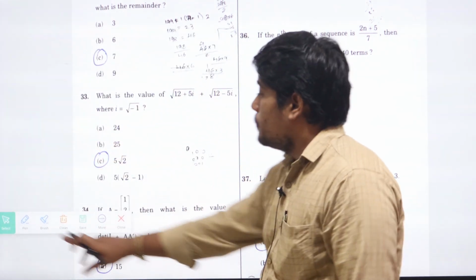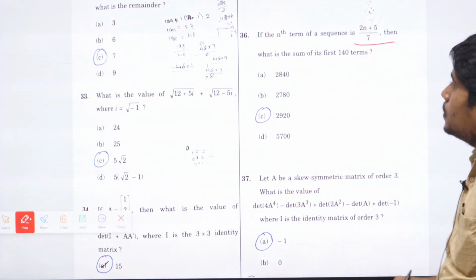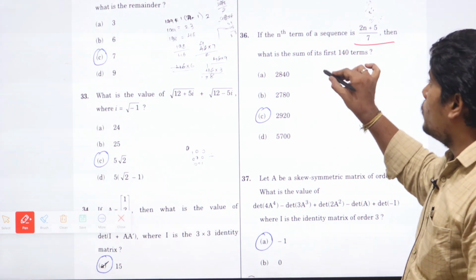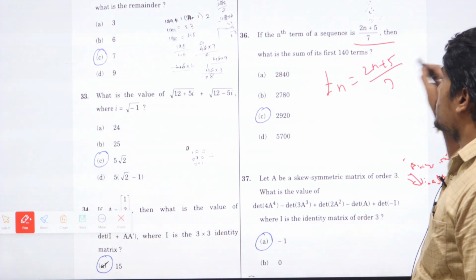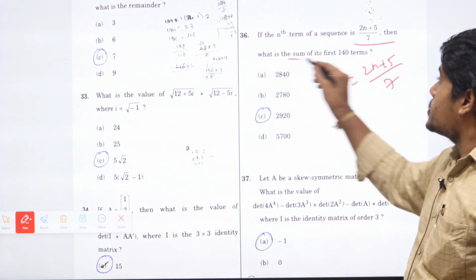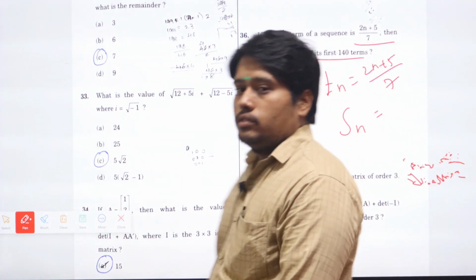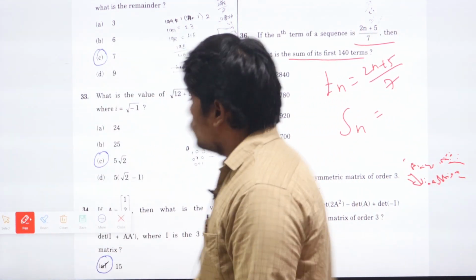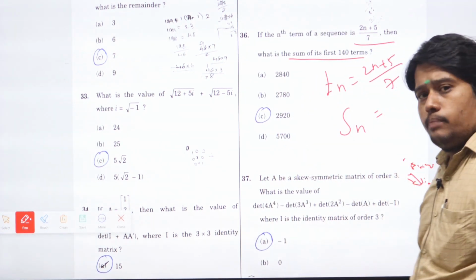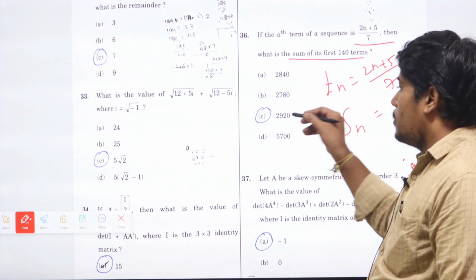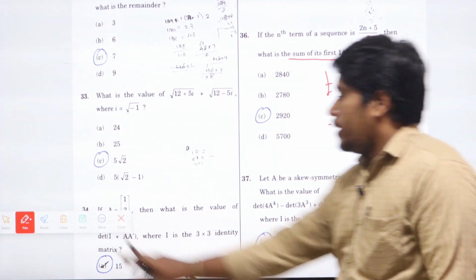The nth term of the sequence we can treat as Tn, which is equal to (2n plus 5) divided by 7. Then what is the sum? Sum means we have to find Sn. Using the formula Sn equals n by 2 into (2a plus (n minus 1) into d), the answer is 2920. Option C will be the right answer.